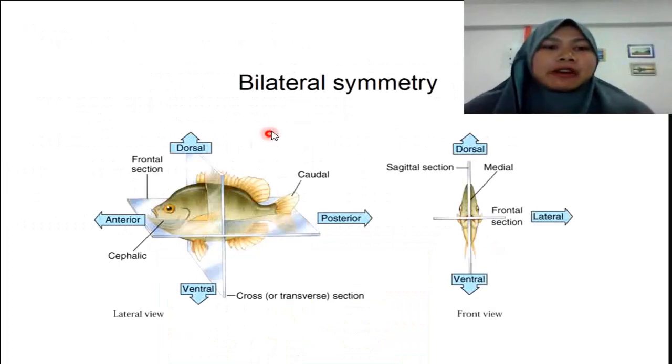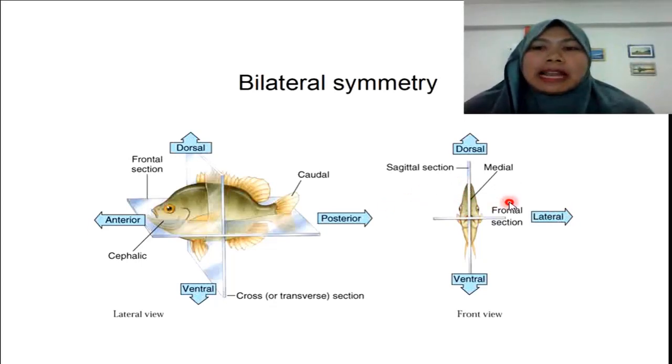So you can see here, this is the dorsal side, the top body part. The ventral side, the lower body part. Anterior, the front region or head region. Posterior, the back region. And then the lateral side, right lateral or left lateral.